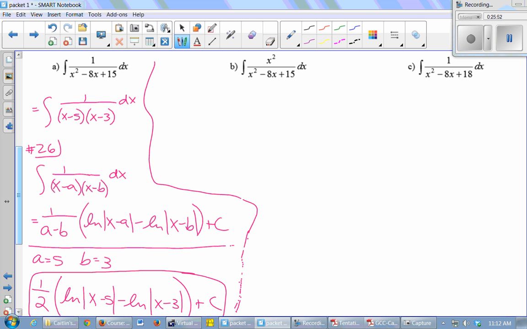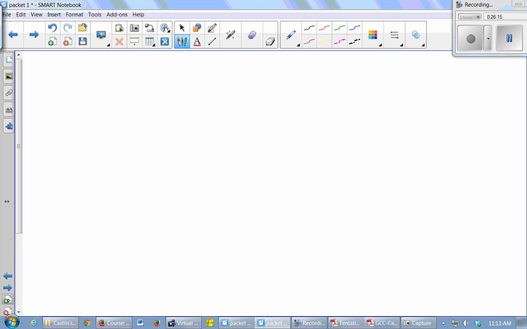So what ends up working is the fact that the numerator and the denominator have the same exponent. If the numerator is bigger or equal to the denominator in terms of degree, you can divide the two. A fraction bar is like a big division sign, right? So let's see what we get when we divide x squared by x squared minus 8x plus 15.